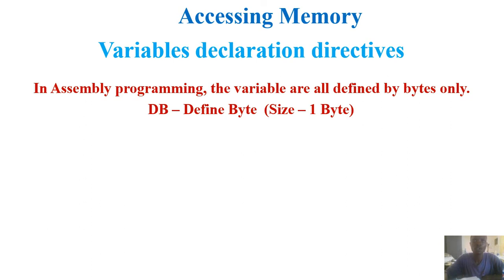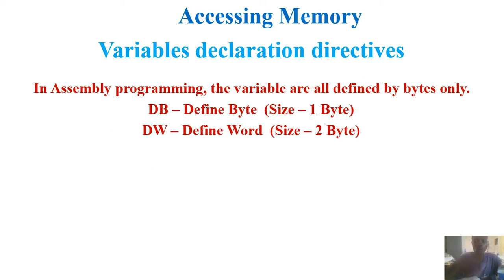So if you want to define 8 bits, you say define byte. So that's 1 byte. You see where and when to place the db. So the db is the keyword that we use to define a byte. And then if you want to define a variable of size word, you say define word.